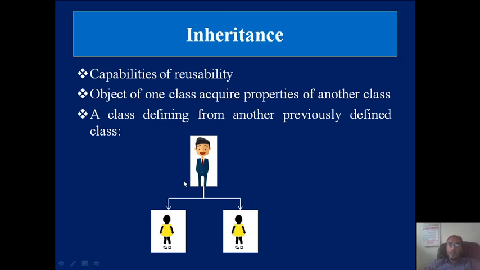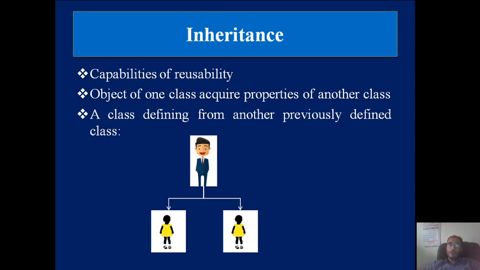For an example, I have shown a figure over here. You can see a father and children, right? Whatever the properties of the father, in terms of its characteristics, will be inherited by the child, and the child will have its own inherited property as well as its own individual characteristics, right? So inheritance particularly provides code reusability.